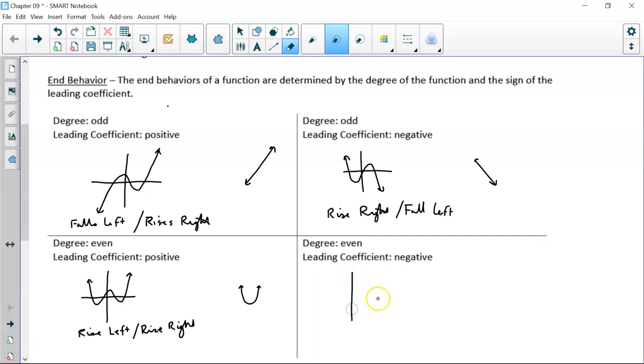Now, when the degree is even and the leading coefficient's negative, it's going to fall left and fall right. Think about a parabola opening down. It's that same type of situation.